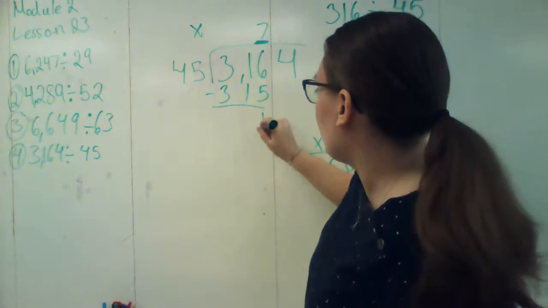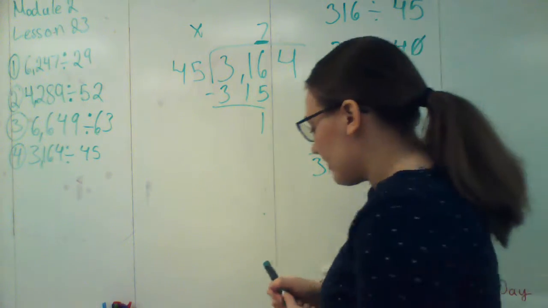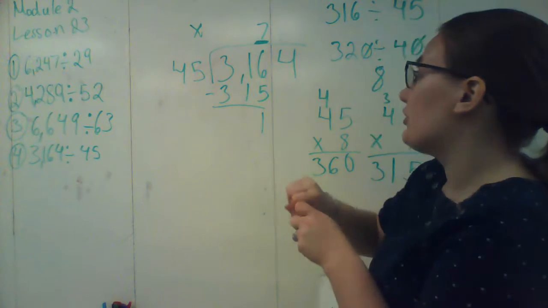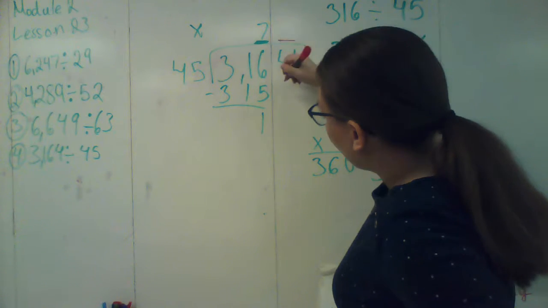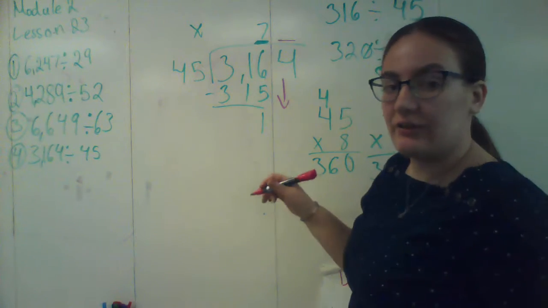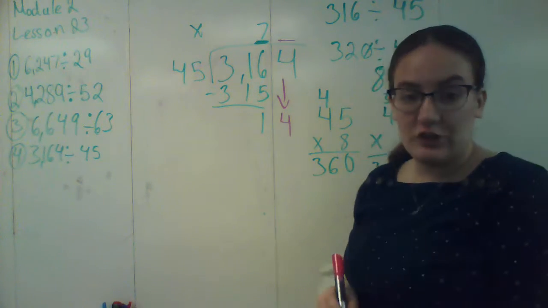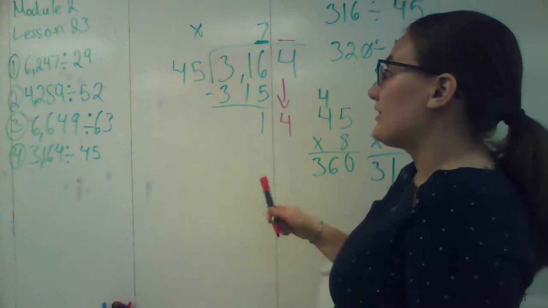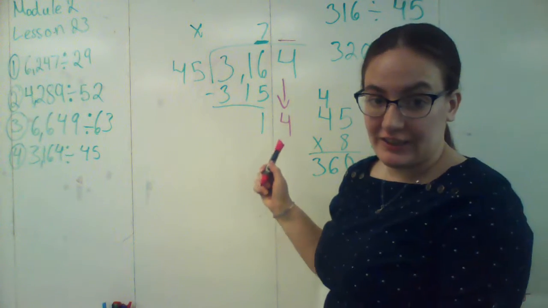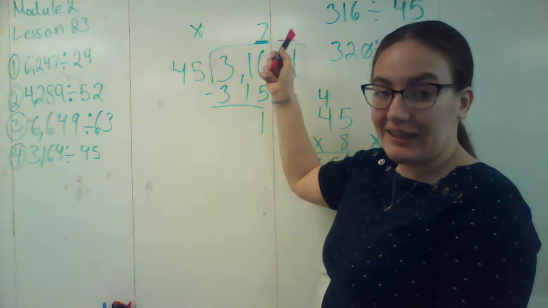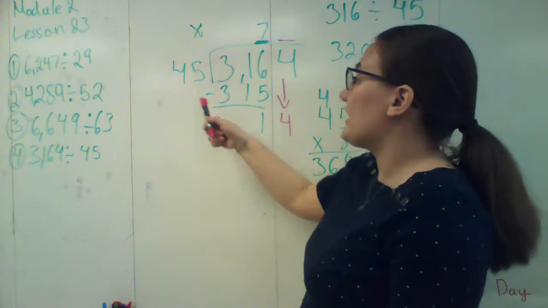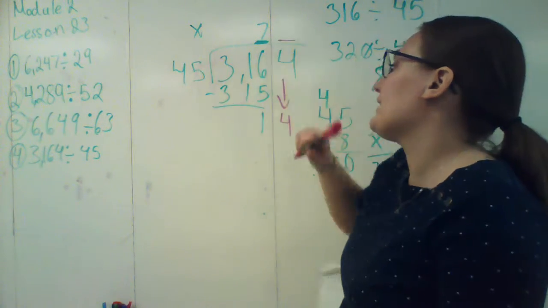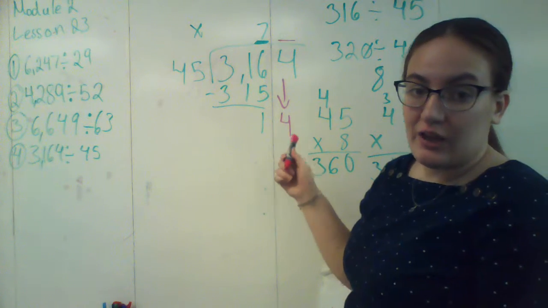6 minus 5 is 1. And now I have one more step that I have to do. So I know I need to fill in this place value because I still need to bring down that 4. Now it's another one of those tricky problems where you have to think about, okay, 45 definitely doesn't fit into 14, but that doesn't mean that I skipped that place value. So I need to think about 45 times what would fit into 14.